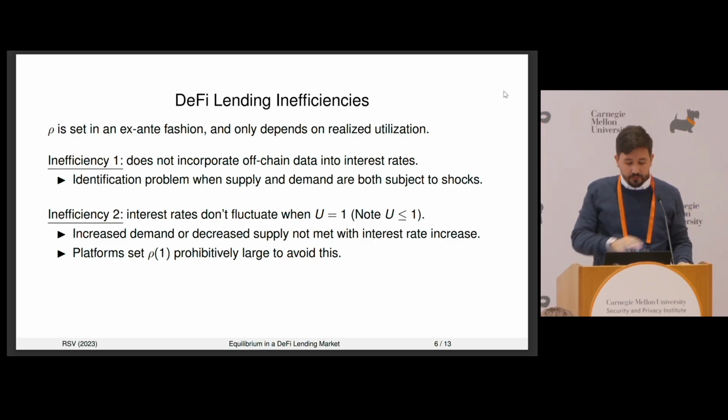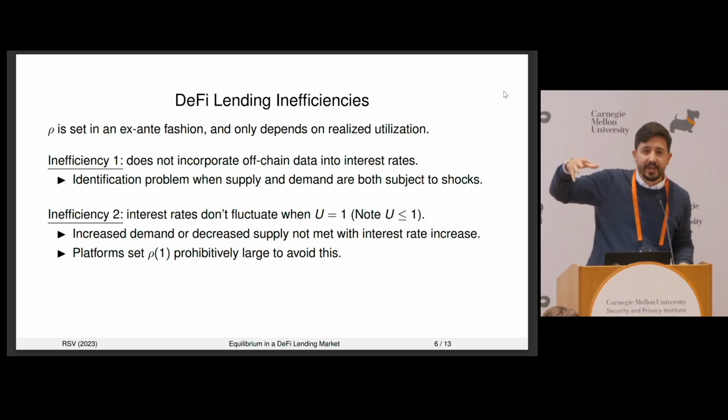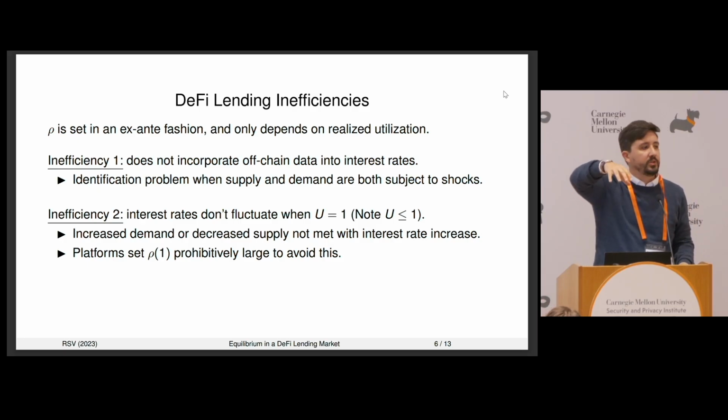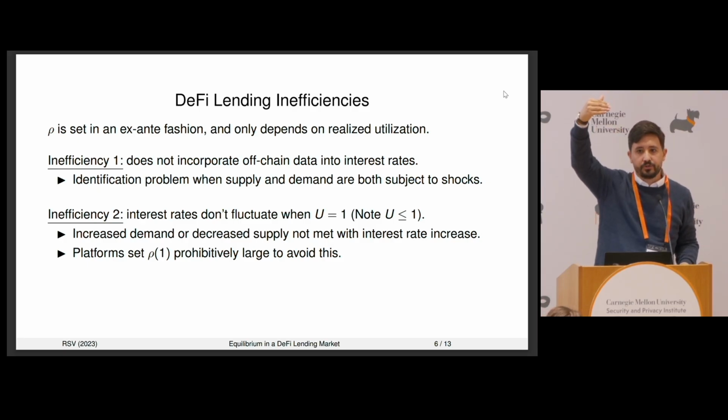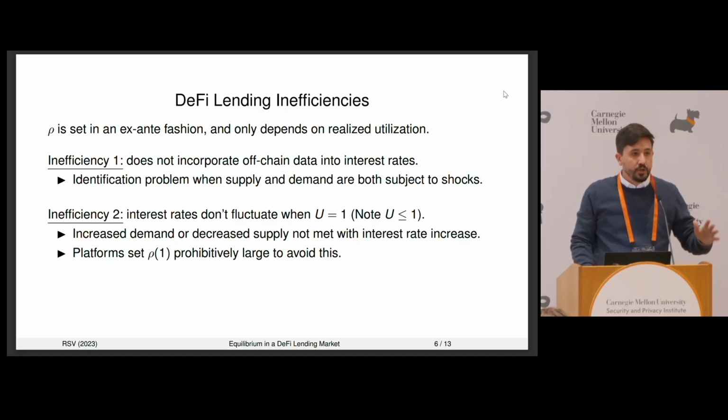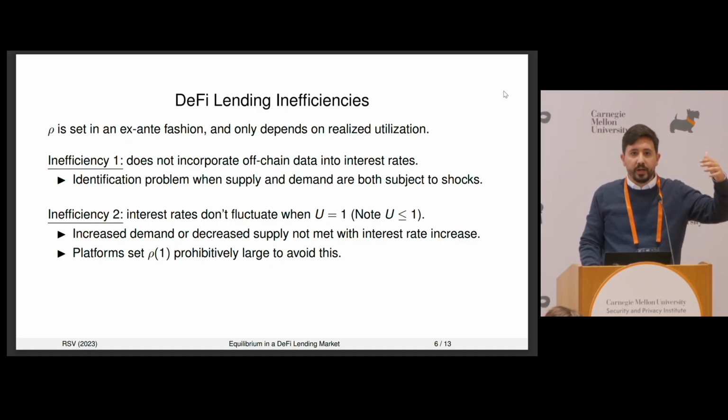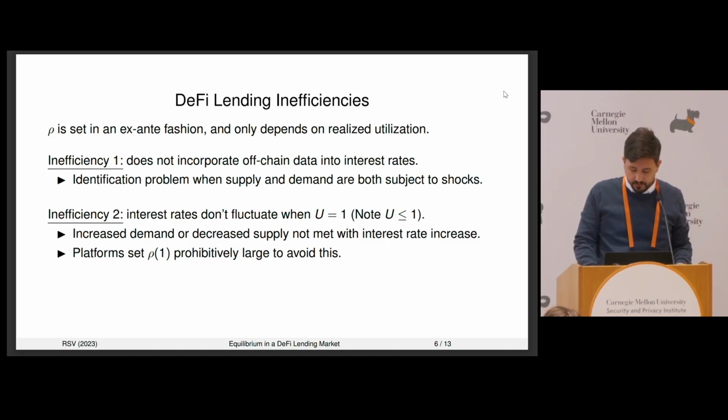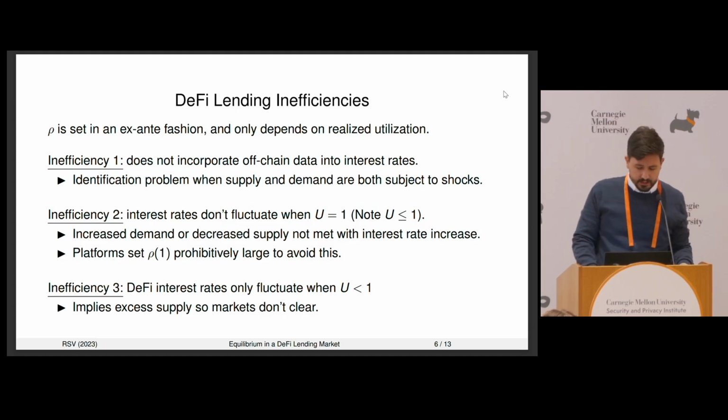So for this reason, the platforms are going to set, at 100% utilization, a prohibitively large interest rate, something like 50%, to completely discourage any borrowing around that utilization and basically keep the utilization rate from getting too large. And that's going to feed into some of the insights of how we overcome some of these inefficiencies.